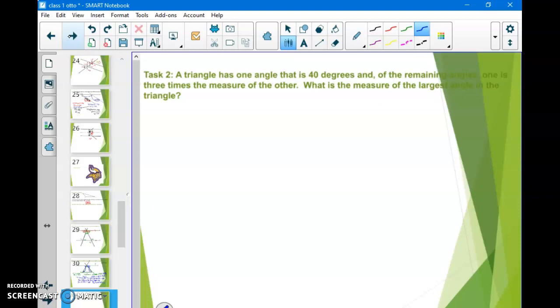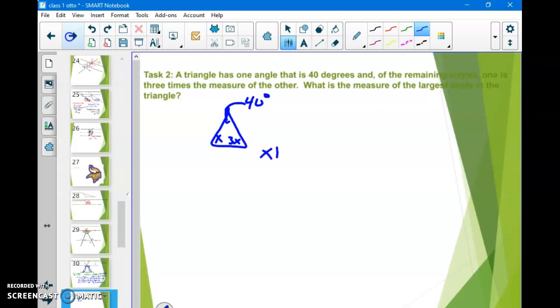Alright, so we have a cool problem in this case. A triangle has one angle that's 40 degrees. I'm going to call this one up here 40 degrees. And of the remaining angles, one is 3 times the measure of the other one. So if that one's x, that one's 3x. What's the measure of the largest angle?